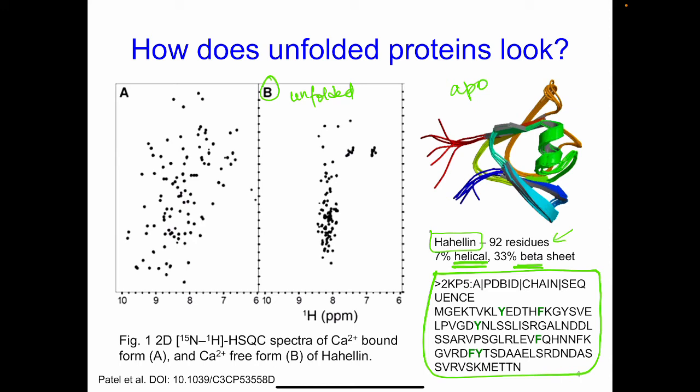The first observation that comes to your head is that the proton resonances are poorly dispersed. Dispersed meaning the chemical shift range that is sampled in an unfolded form is very narrow. So due to this, you are once again able to understand that these kinds of systems cannot be studied just using proton NMR spectroscopy.